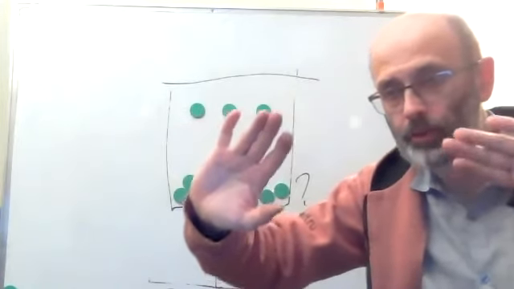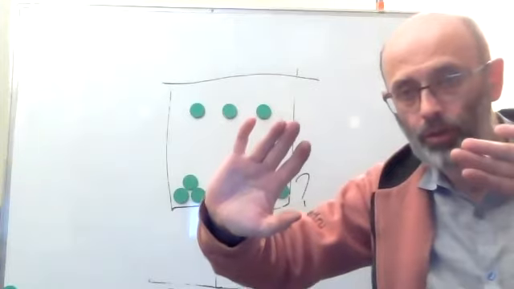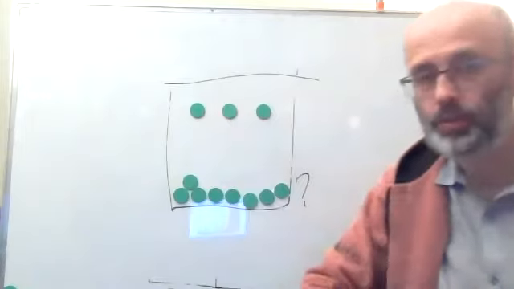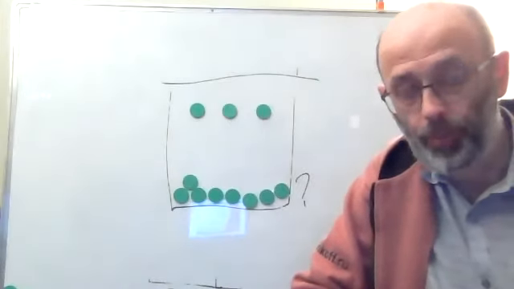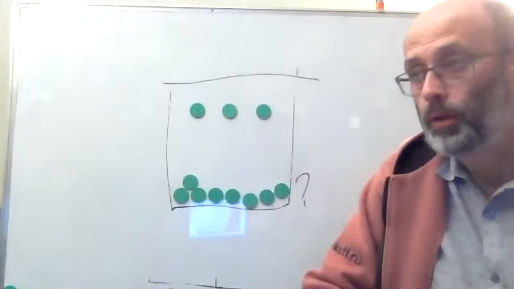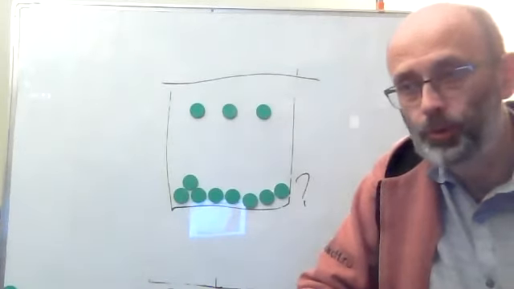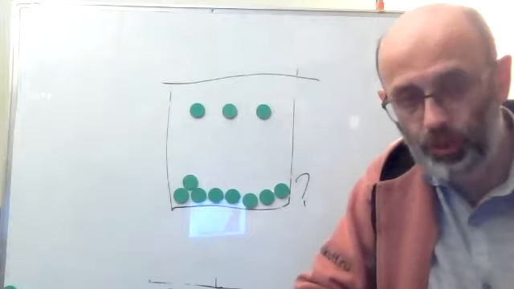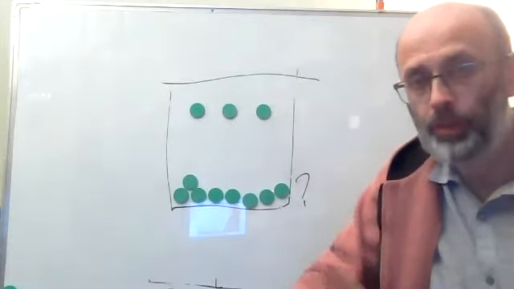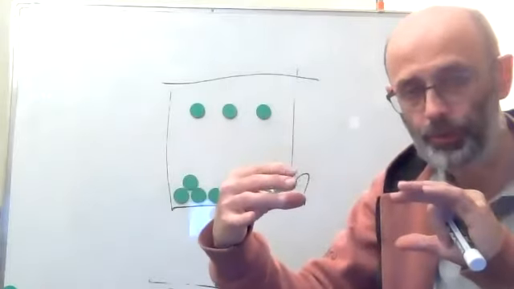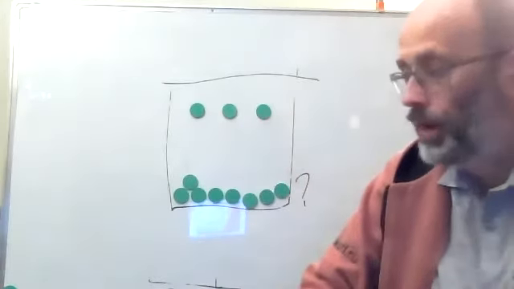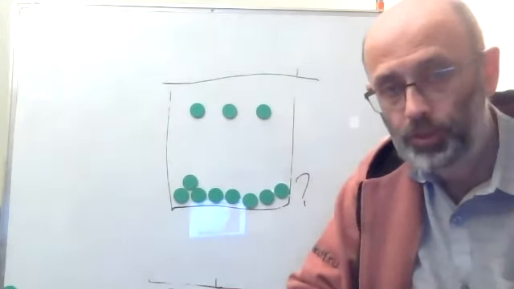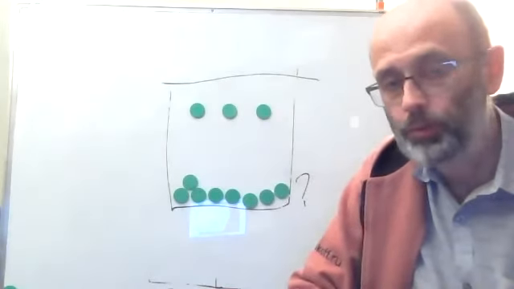And when their rates are the same, we can speak about equilibrium. And the rates of these processes may be very, very big. However, we see no changes because they totally compensate each other.